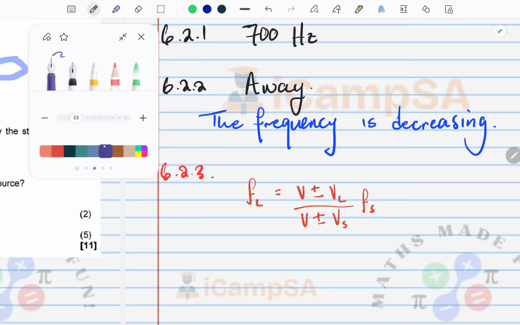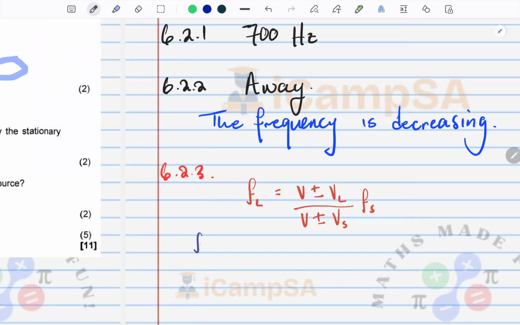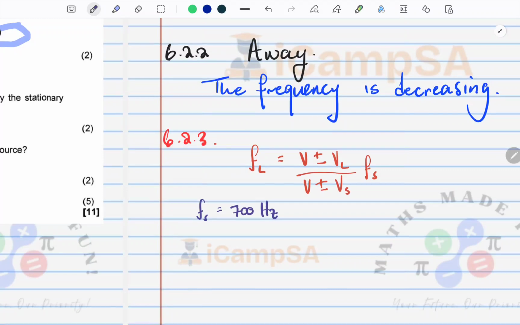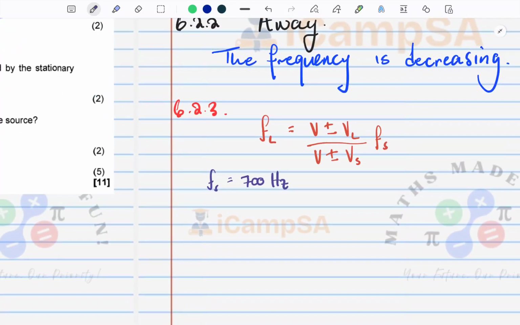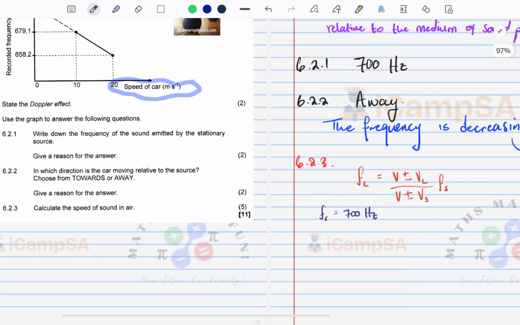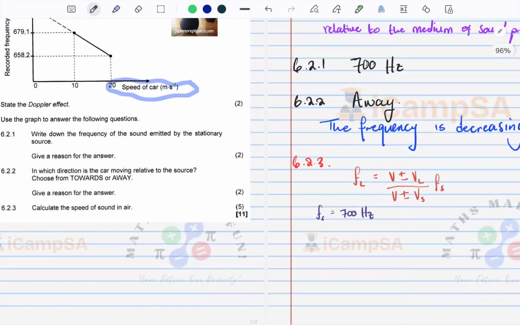So we can just go back a bit. We said that the frequency of the source is equals to 700 hertz, right? That's what we said. And then now what's going to happen, because we're looking for the velocity. So now, depending on which frequency of the listeners we're going to use, and then we're going to use the speeds accordingly also.